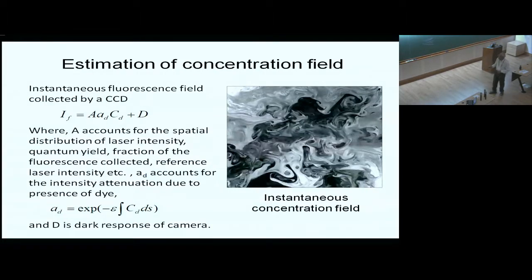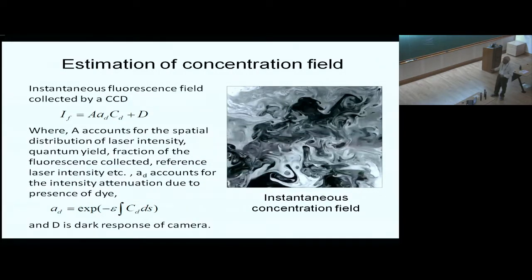Basically, the light is going from left to right. The intensity is proportional to the concentration of dye, which would be the concentration of, for example, the denser fluid. But at the same time, as the light goes from here to here, it gets absorbed.